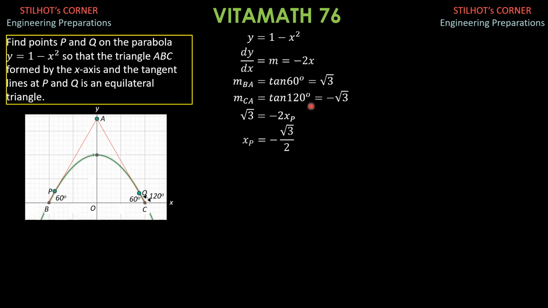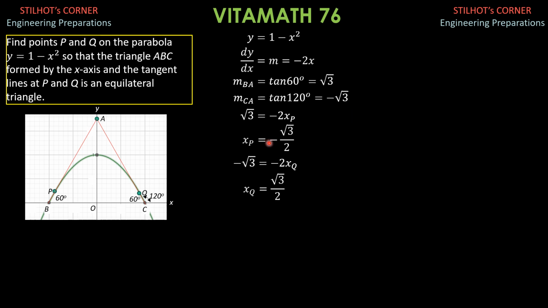Likewise, we substitute here negative square root of 3 to solve for x_Q. So negative square root of 3 equals negative 2 times x_Q. So that means x_Q is equal to positive square root of 3 over 2.